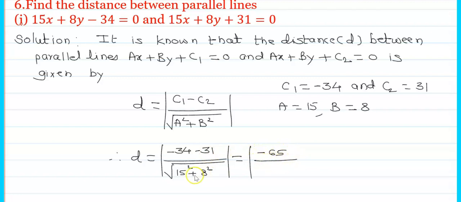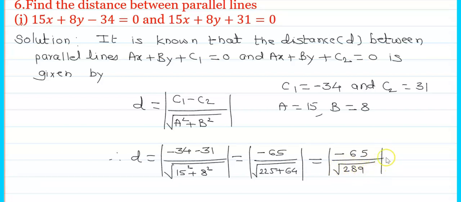Okay, 15 square is 225 and 8 square is 64, and this equals minus 65 upon the square root of 289.